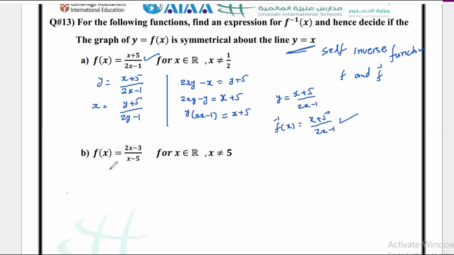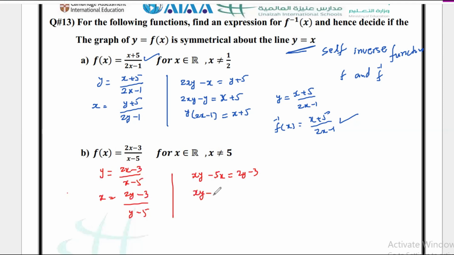So if we check this one, y is equal to 2x minus 3 over x minus 5. Now we'll change the x and y. So x is equal to 2y minus 3 over y minus 5. And then we can cross multiply as well. So xy minus 5x is equal to 2y minus 3. So try to bring y together.